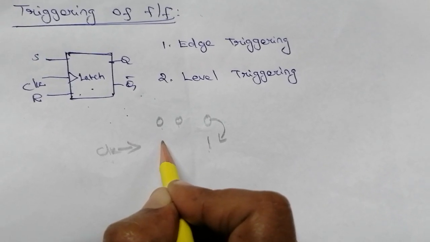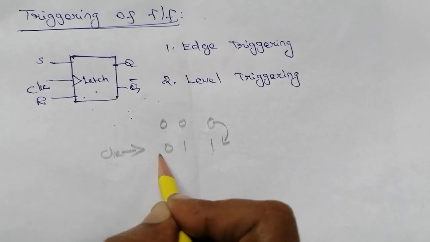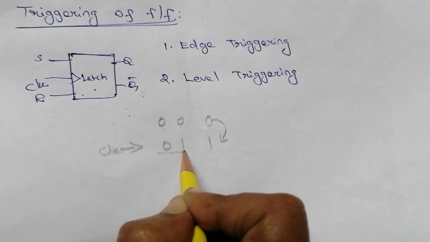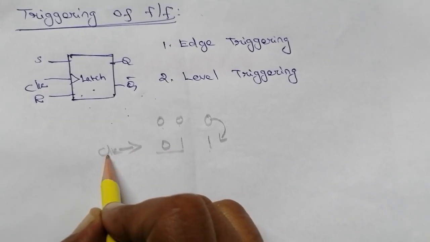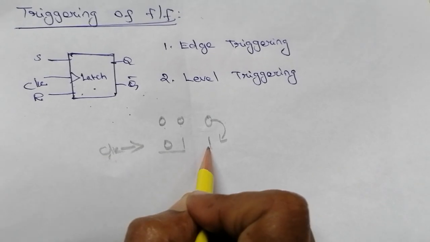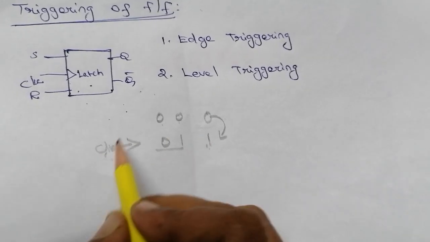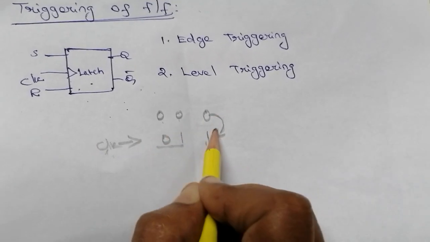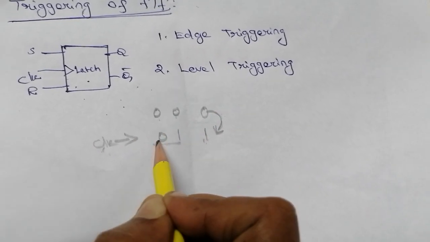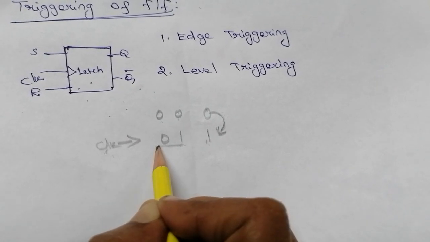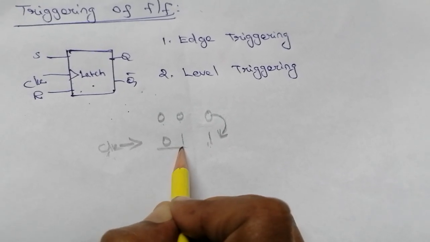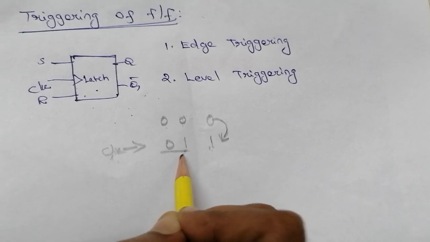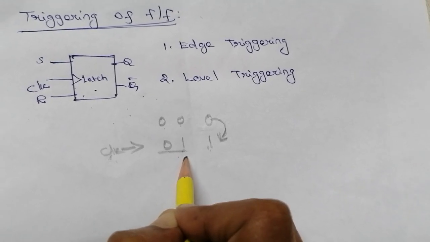Now suppose our applied input is 0 1. Before applying the trigger pulse, it is not possible to produce the output. When we apply the trigger of the clock signal, only then does the output change occur, depending upon the proper input. So this is the triggering of a flip-flop. Is it clear?